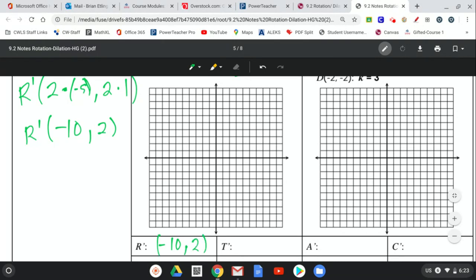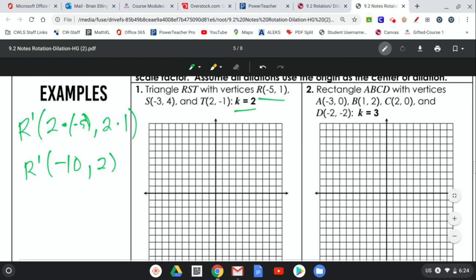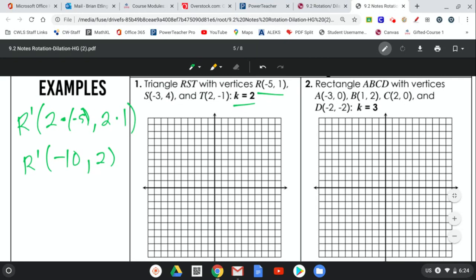Really, you don't need to graph it. Graphing it just helps you see the picture. If you want to see the graph, they can do a way better job than I can on this video, so look on the notes key and you can see the graph. I just want to show you how to get the coordinates. So if we look at S, S is (negative 3, 4).